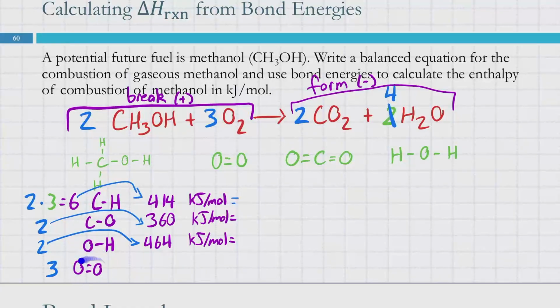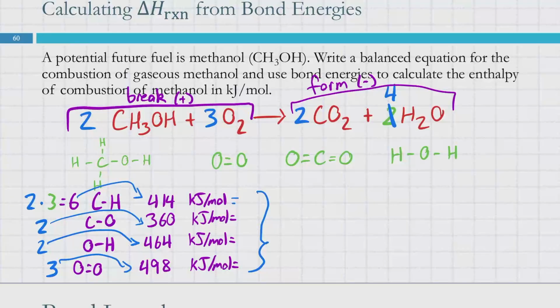Our oxygen-oxygen double bond is a value of 498 kilojoules per mole. And 3 times that, and we'll sum all of that. I'm doing it all in one step to save space.